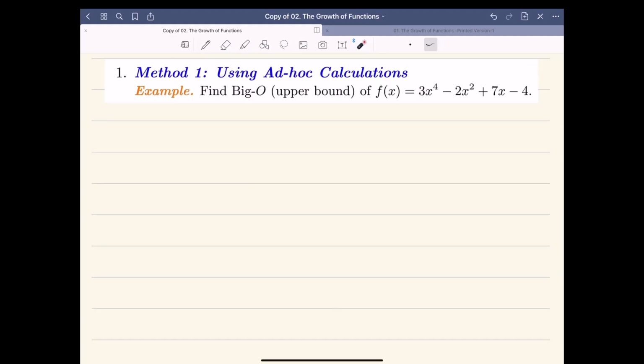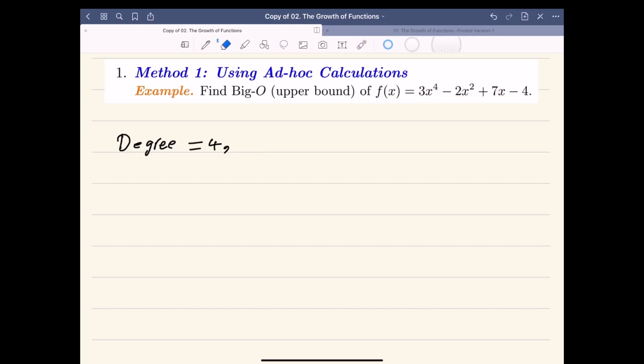Here is our example. Find big O, which is an upper bound, of a polynomial function f of x. First, we need to find the degree of this polynomial. So we write degree equals 4. And how did we find this number? Look at these terms. The maximum power is 4, so the degree is 4.